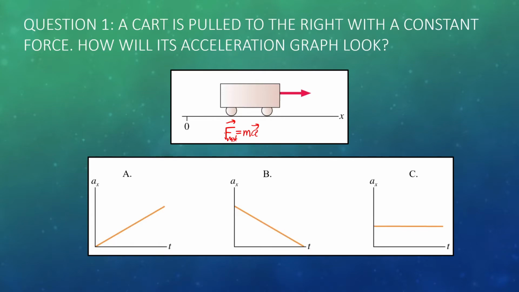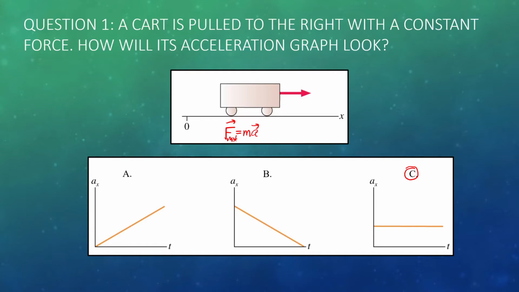So if neither F or m are changing, well then how can a change? Right? If a net force is constant, the acceleration also has to be constant. So on an acceleration graph, that would show up as a straight horizontal line, like we see here in C. A constant force means you'll be applying a constant acceleration to the object.